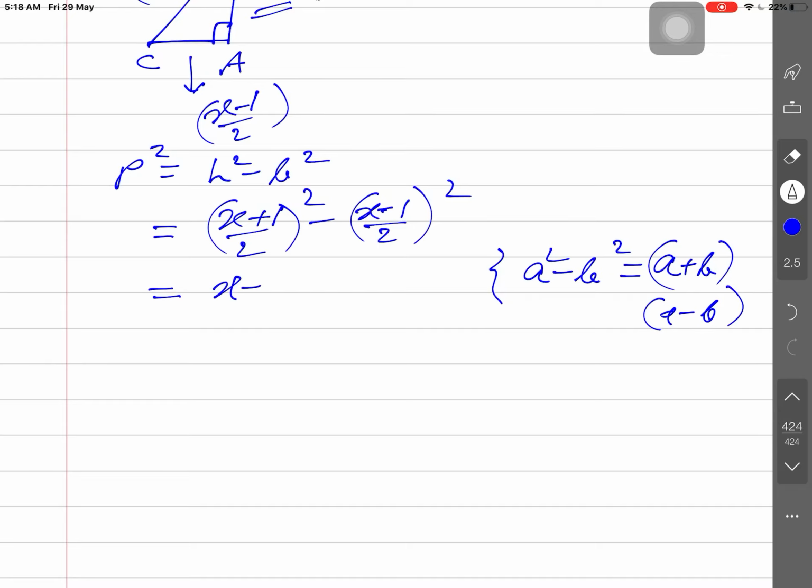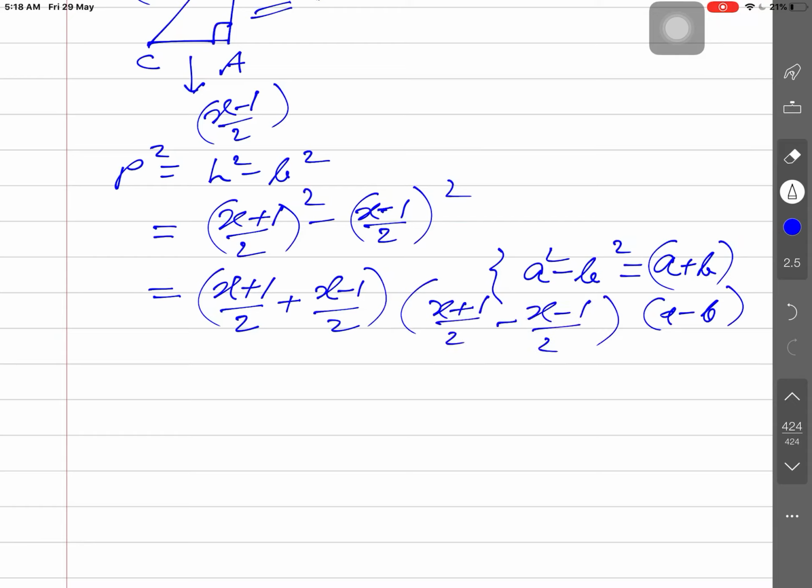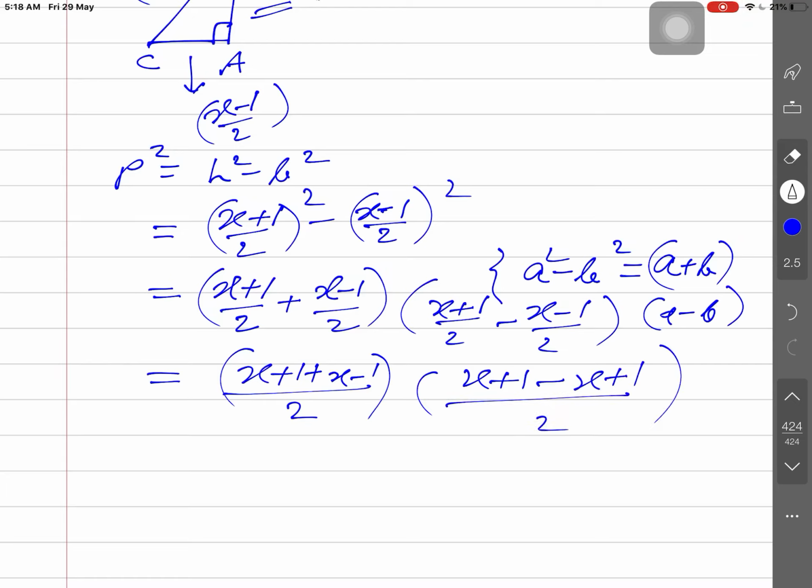So a means (x plus 1) by 2 and b is (x minus 1) by 2. So it is the sum, (x plus 1) by 2 plus (x minus 1) by 2, and the difference, (x plus 1) by 2 minus (x minus 1) by 2. The denominator is same, so it is (x plus 1 plus x minus 1) by 2, and here x plus 1 minus x plus 1, minus minus plus. Clear?